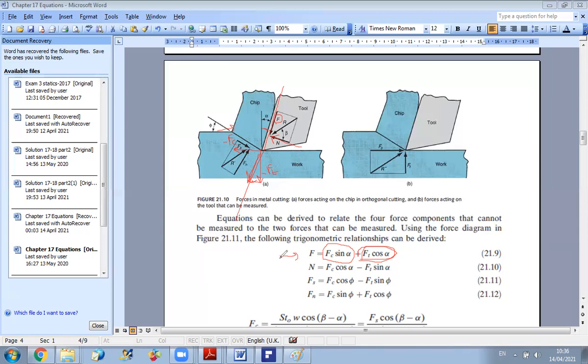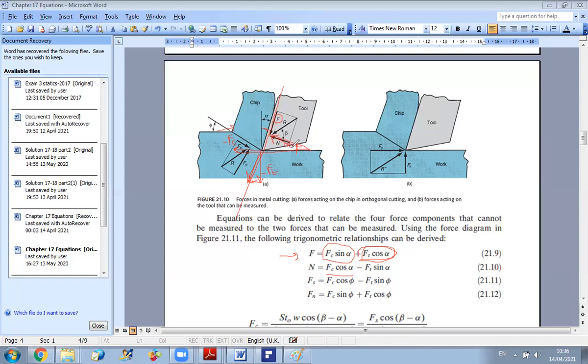This is why you will have plus Fc cosine alpha along N, because the angle between N and Fc is alpha.